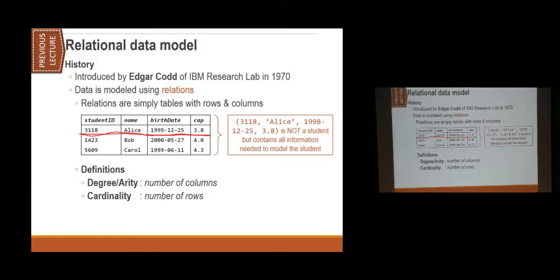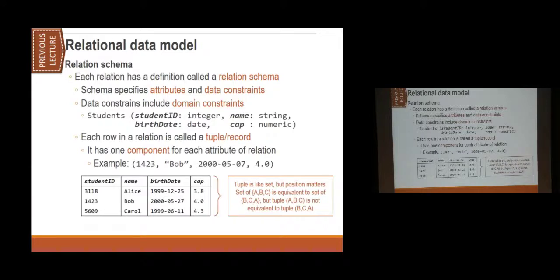If a student only contains the student ID, the name, the birth date, and the CAP, then you can store a model of it inside a table. The second thing is that unlike a set, a tuple here is positional. The position of the values is important.